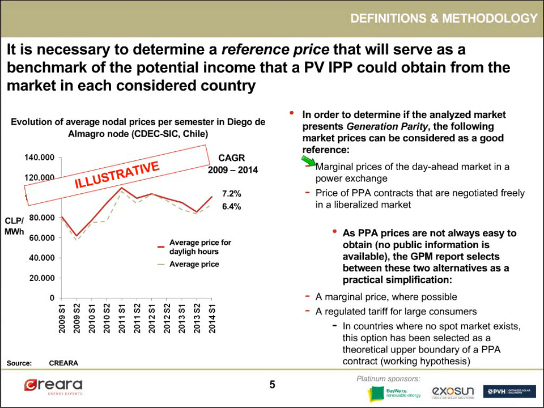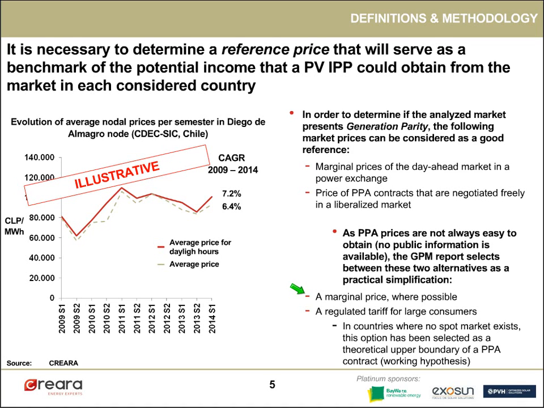The first one would be the marginal price of the day-ahead market in the power exchange. And another one would be the price of PPA contracts, which are negotiated freely on the liberalized market. The problem with PPA prices are that they are usually not public because they are private contracts. And so for this study, we've decided to use the marginal price on the day-ahead markets where possible.